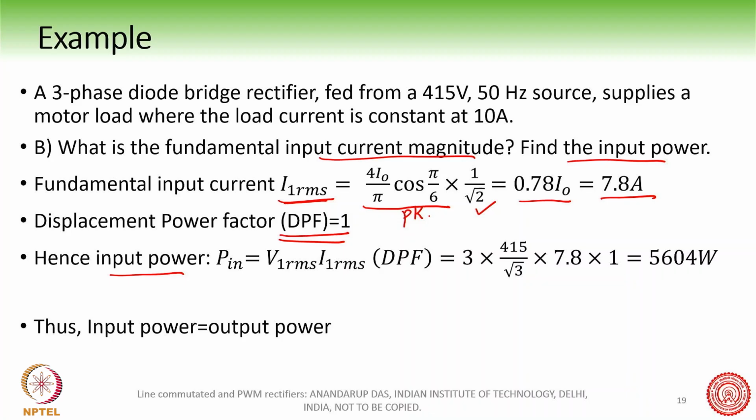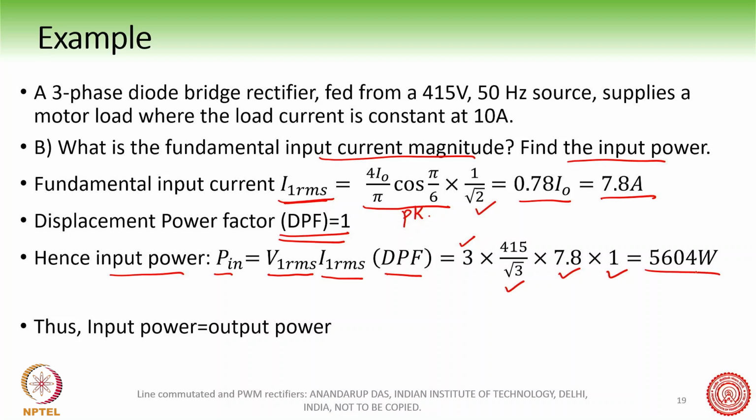Hence, what is the input power? Input power is V1 RMS times I1 RMS times dpf. This is the fundamental component of the voltage times the fundamental component of the current times the cosine of the angle between the fundamental voltage and fundamental current. So this is equal to 3 into 415 by √3, times I1 RMS, which we have just found to be 7.8 ampere, times dpf, which we found is 1.